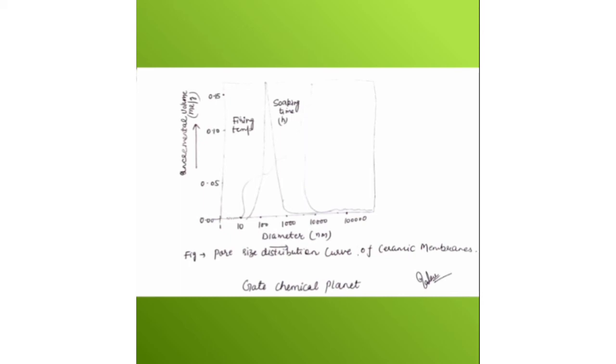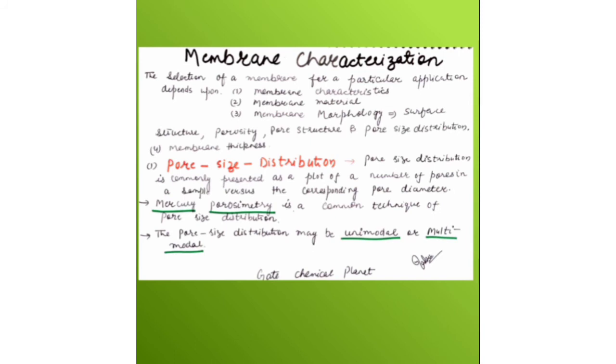So we get this type of graph. This graph shows the pore size distribution curve of ceramic membranes. So the pore diameter is on the x-axis.